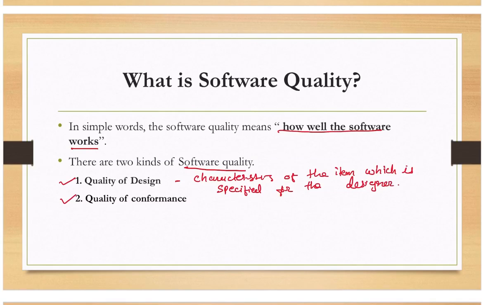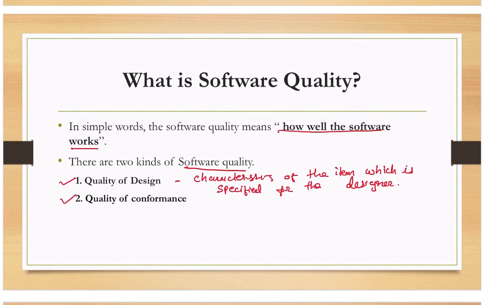For example, if a temperature control system is designed, then it should display the temperature with a maximum limit of 100 degrees, right? This is the basic characteristic of the system, and at the time of design of the product this issue must be focused on.